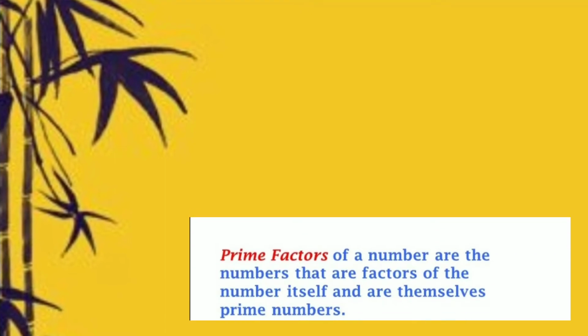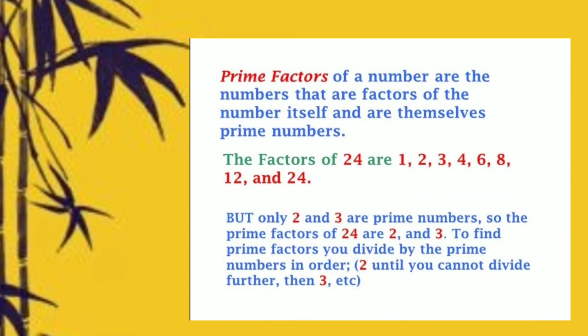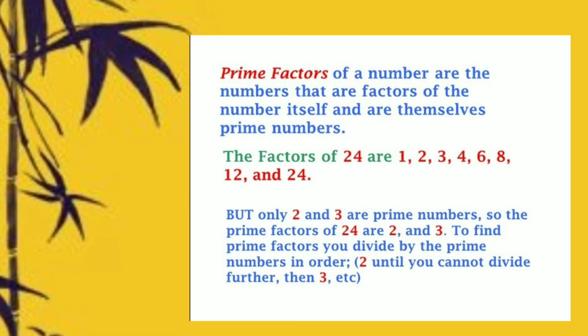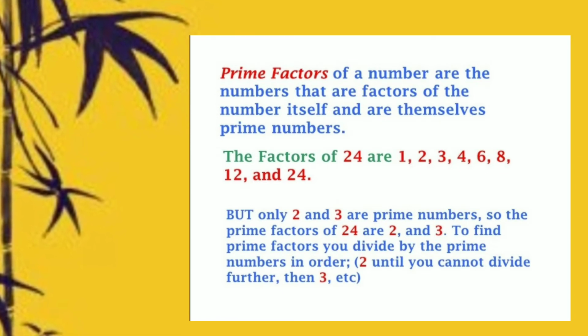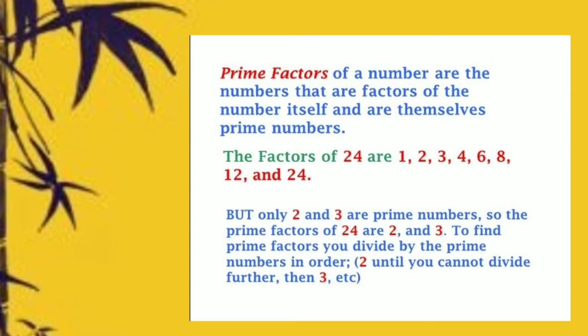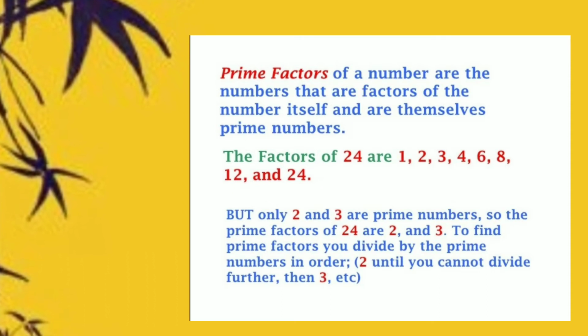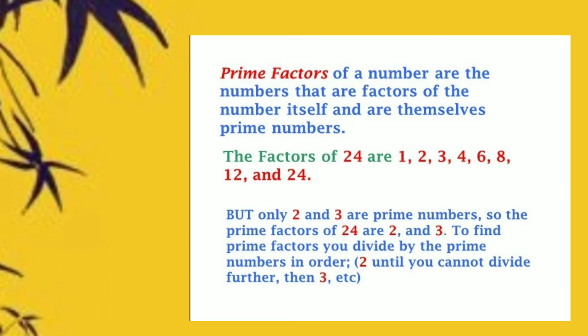Then we see the definition of prime factor. The numbers that are factors of a number and are themselves prime numbers. The factors of 24 are 1, 2, 3, 4, 6, 8, 12 and 24.